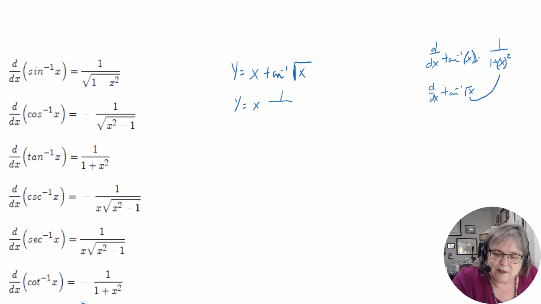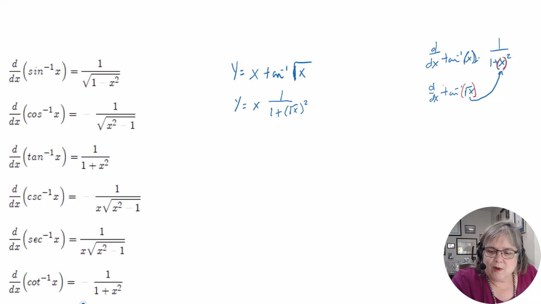So the square root of x is going to go right there. Okay? So it's going to be 1 plus, and we're going to put the square root of x right here and square it. You with me? Okay. So whatever is right here goes right there.